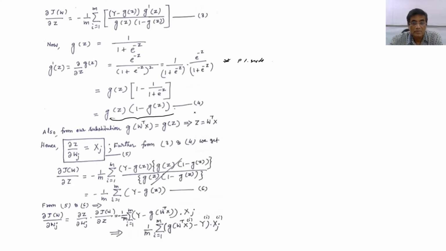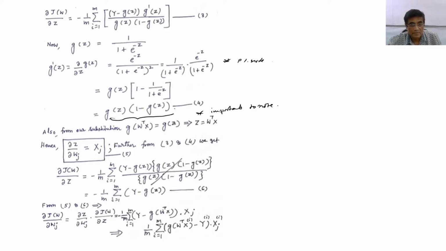So the differentiation of that function is equal to the function times 1 minus the function itself. That's very convenient for computation, isn't it?